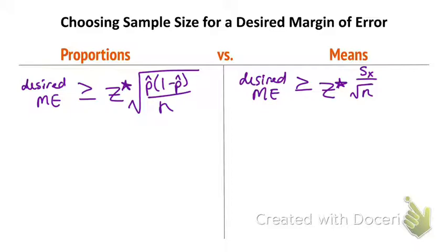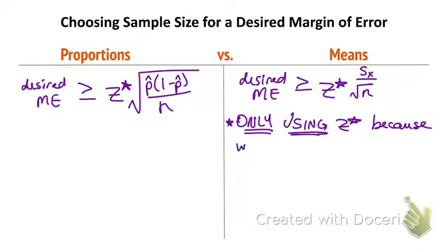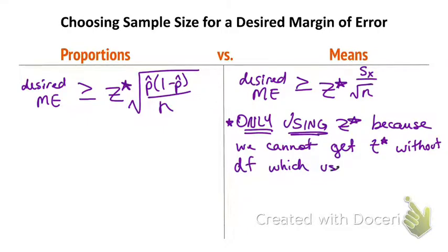It's supposed to be T, but remember, that's what we just talked about, because I can't get a T star because I don't know the sample size. So again, we're going to make a little note here. We are only using Z star because we cannot get T star without degrees of freedom, which uses n, which is literally what we're about to solve for.